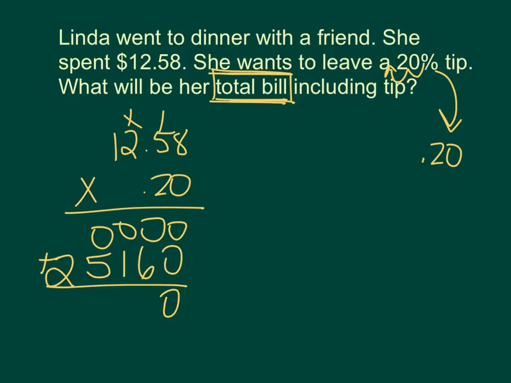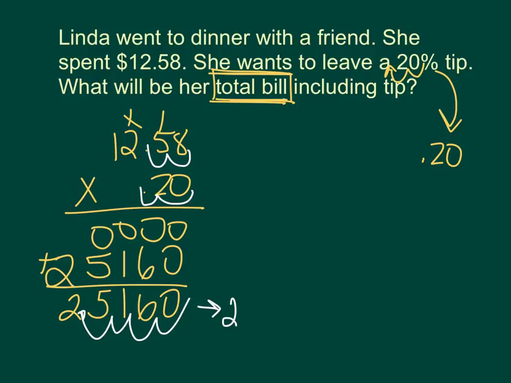Once we add them together, we get 25160. We count how many decimal points go in. So 1, 2, 3, 4. 1, 2, 3, 4. So our tip would be $2.52. Remember, the 6 rounds the 1 up to a 2.